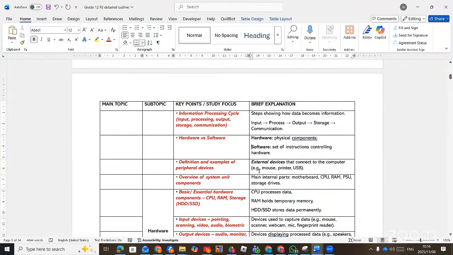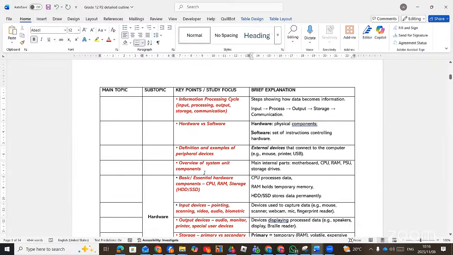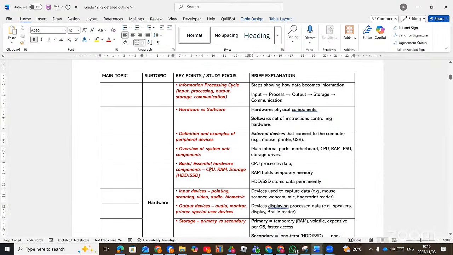Then the peripheral device, which is the external device that connects to the computer, like the mouse, the printer, the USB, all the external devices that are connected to the computer, we call them peripheral devices. Then also the main components of the system unit, that's the CPU, the RAM, the PSU, and then the storage devices.